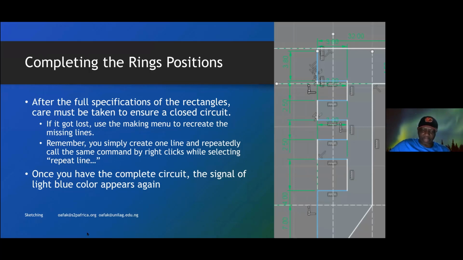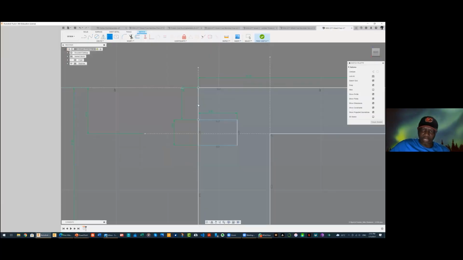So let me go and make it 3.8. So I want to make this 3.8. So I take this point and this point, and with the dimensioning on, I say I want it to be 3.8. So it has made it 3.8. You can see that everything turns white now. So it knows everything that is here now.